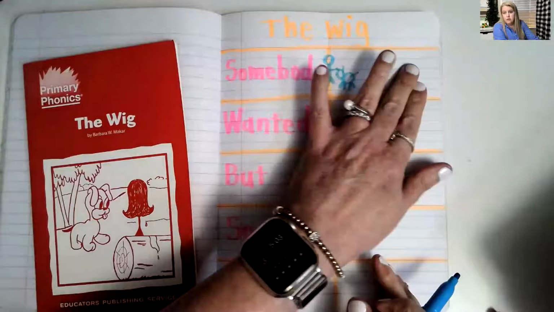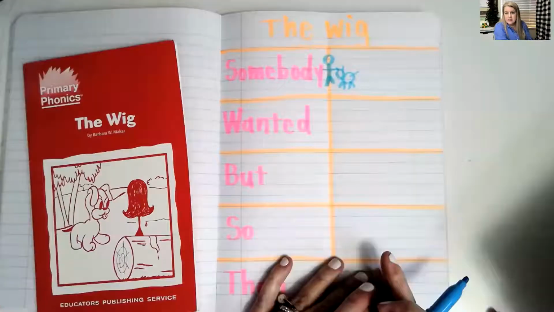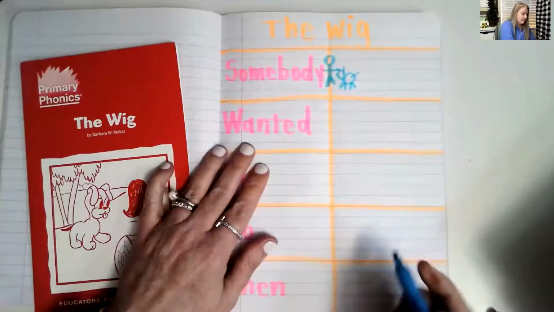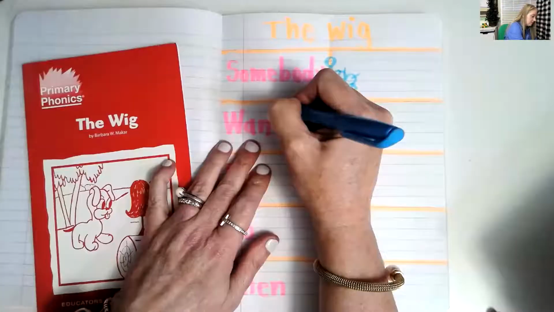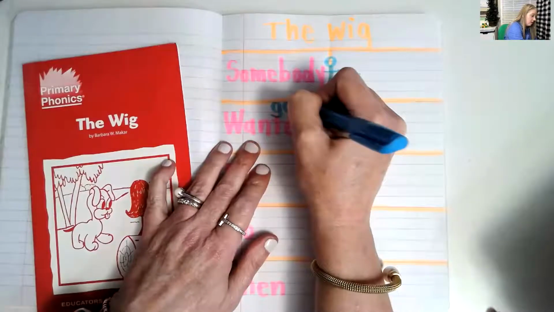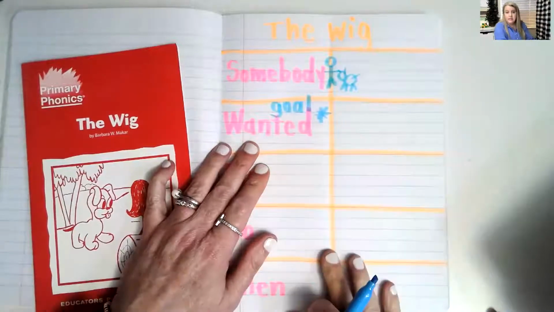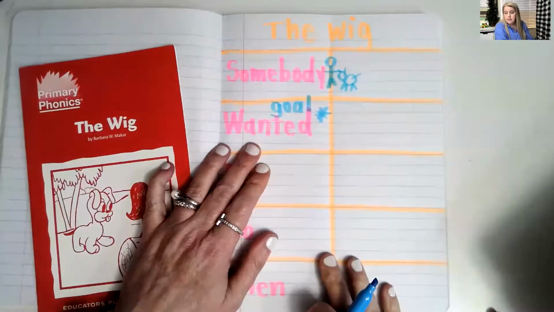Try not to go too far into your writing space here. You're going to need that to write later. So you have your somebody, your wanted. This is where you're going to write what their goal is. Whatever that character's goal is goes into this wanted section.